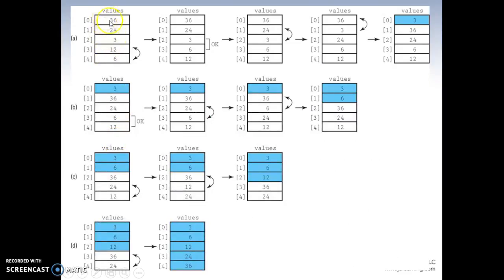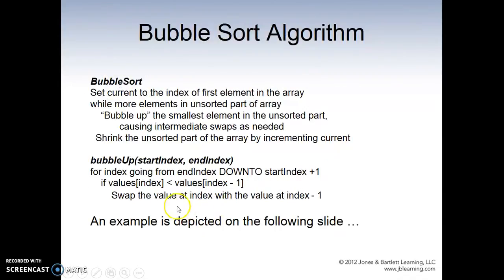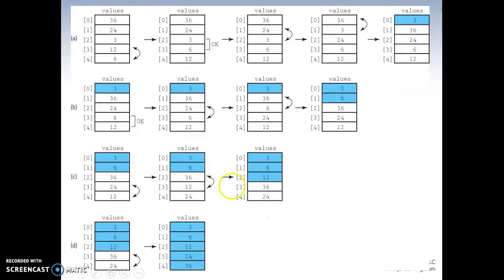One bottom, one top. But when we compare the index, which is the end index, to the previous one, index minus 1, that's why when we look at this, it starts to compare at the bottom, 6 and 12.